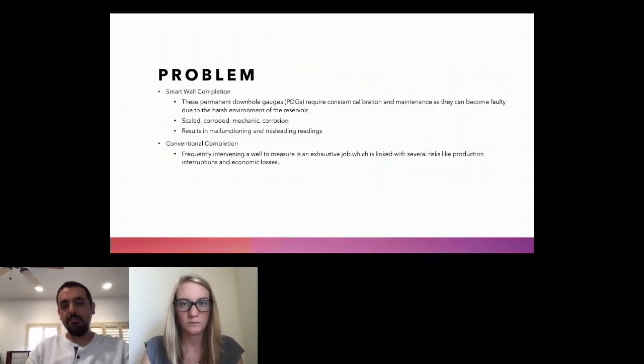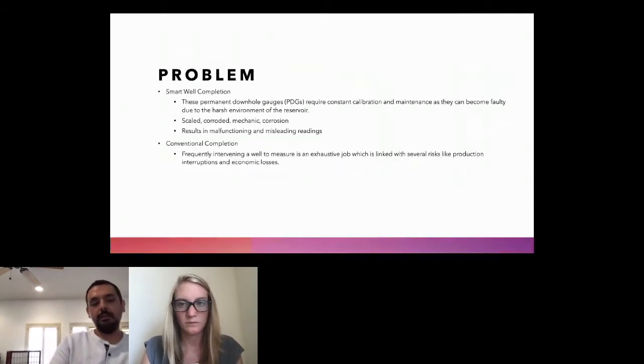That's one of the problems that I was talking about earlier, where smart well completions require permanent downhole gauges for calibration and maintenance, and they go bad due to scaling, corrosion, and malfunctioning.